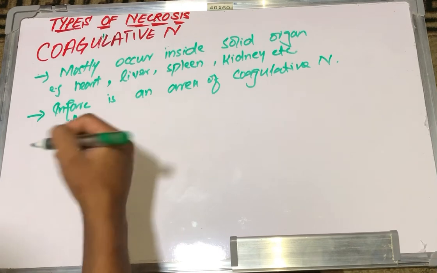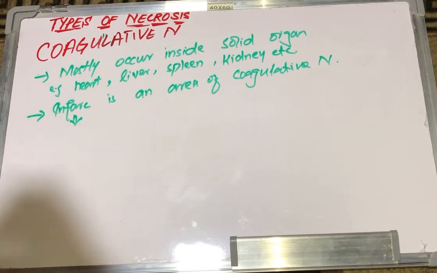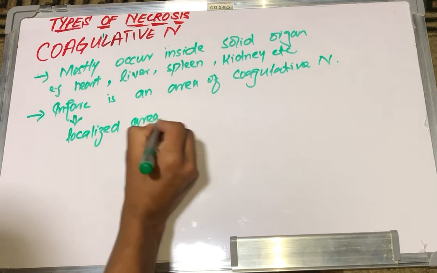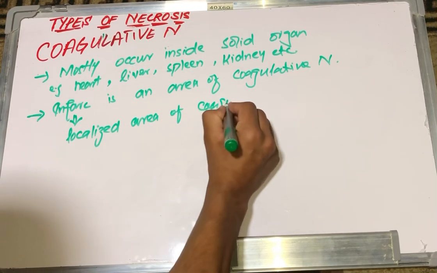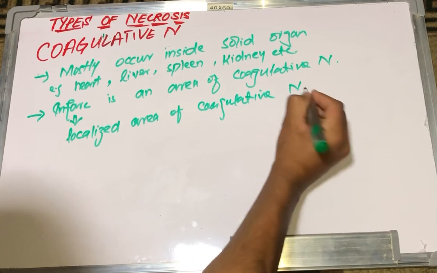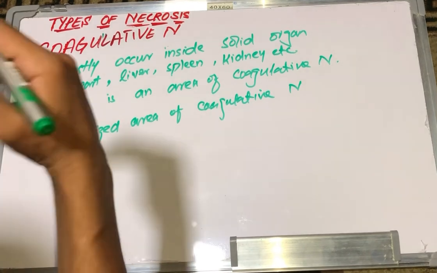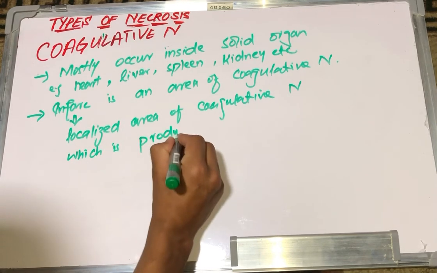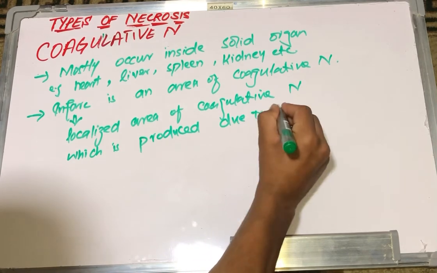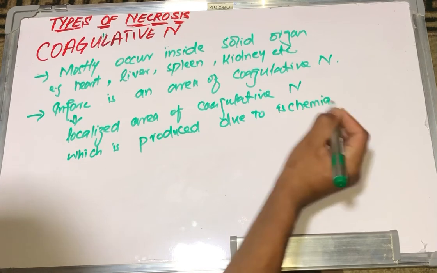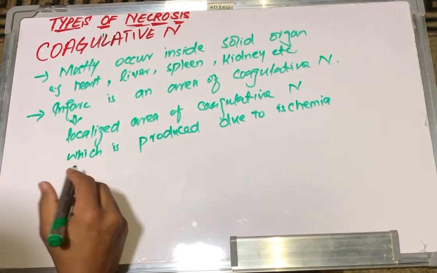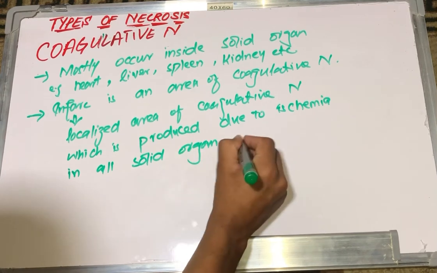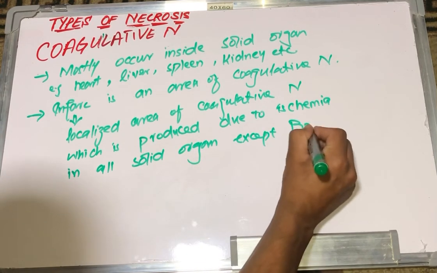What is an infarct? An infarct is any localized area of coagulative necrosis which is produced due to ischemia in all solid organs except the brain.